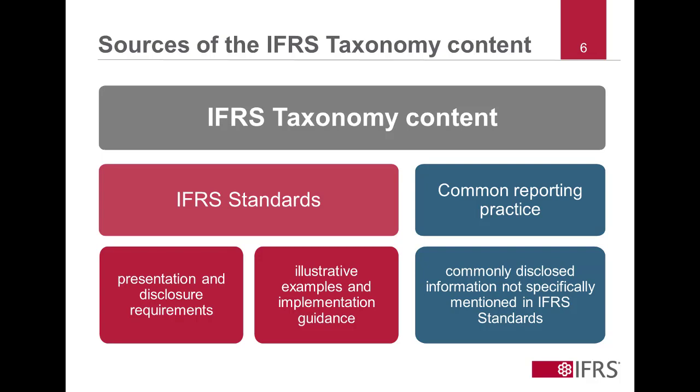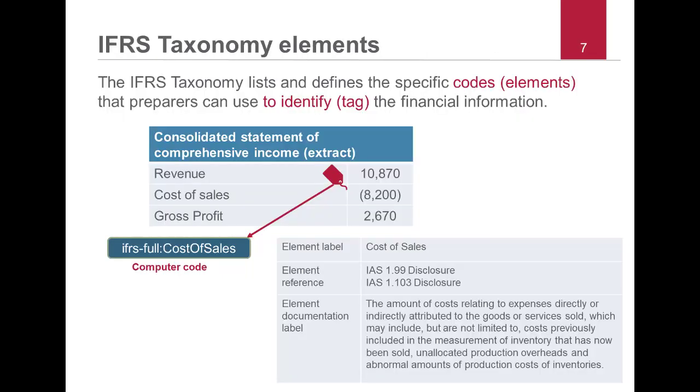The taxonomy team undertake reviews of reporting practice to identify disclosures that are not specifically required by IFRS standards, but are frequently provided across a range of companies and jurisdictions, and is consistent with the requirements of IFRS standards. Currently, we are reviewing the reporting practice for the Primary Financial Statements project.